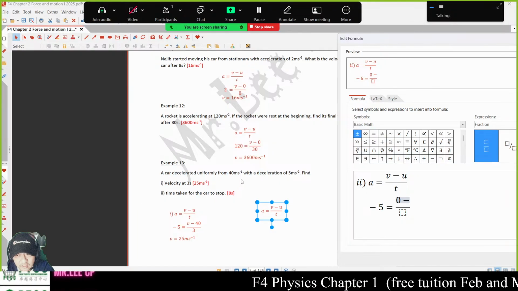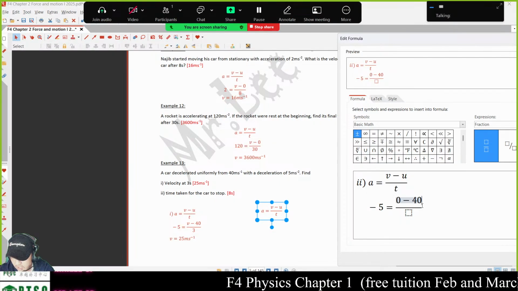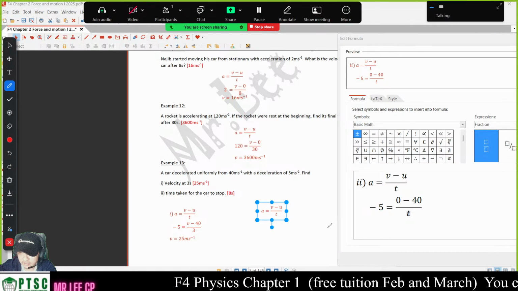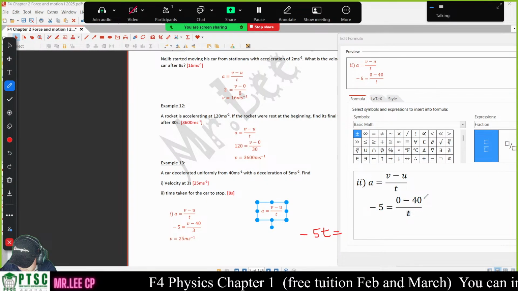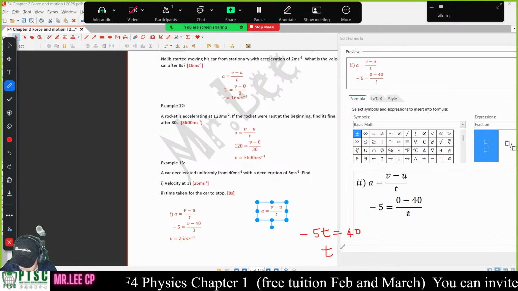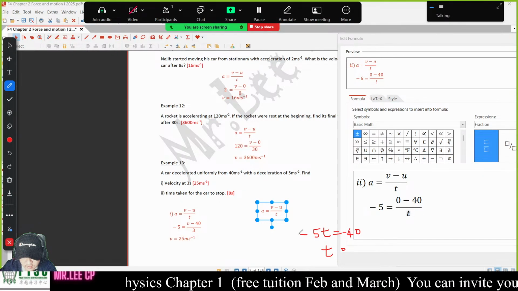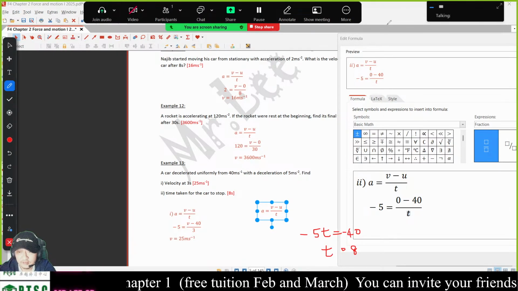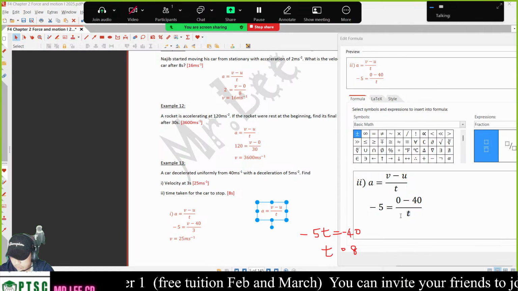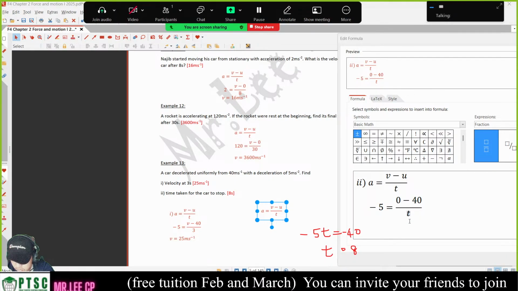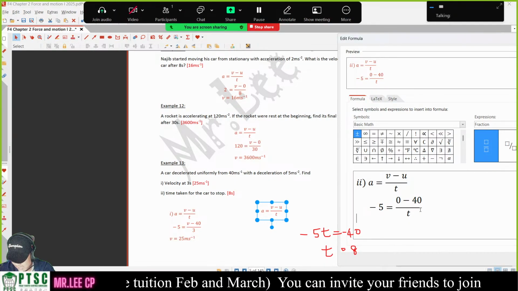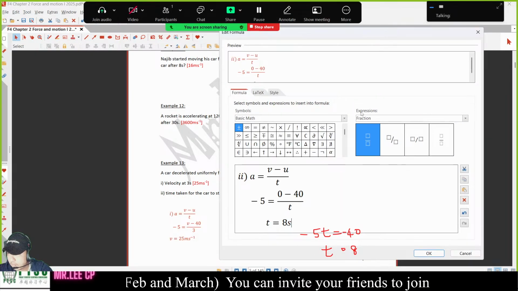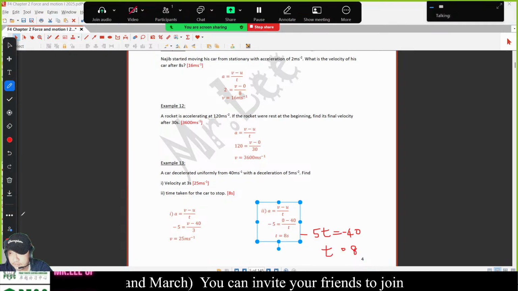Initial velocity is starting 40. How long does it take? I don't know, t. So this one is negative 5t is equal to 0 minus 40. It is 40. So t is negative 40 divided by negative 5. Negative cancels. So the answer is 8. Normally I will do it fast. Negative 40 divided by negative 5, so you get t is equal to 8 seconds.